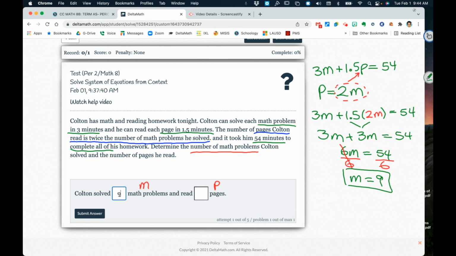Okay, and then let's take this equation, P equals 2 times M, and we're going to multiply 2 times 9, which is 18. And that gives us the number of pages he read. So over here, let's put 18. Okay, and there you have it.